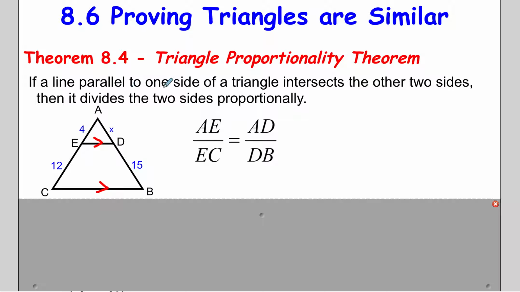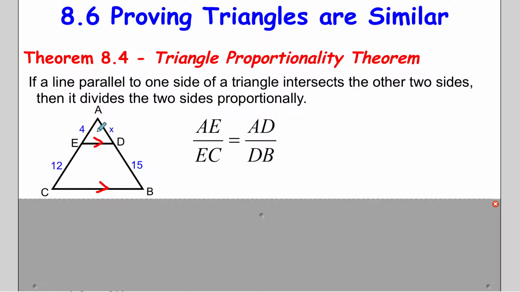And that line that is parallel intersects the other two sides. So once again, we have one side of our triangle here, and we have a line that intersects the other two sides at these intersections right there. If we have a line that intersects the other two sides, then it divides the two sides proportionally. So any of the parallel lines that are formed here divide these lines proportionally.